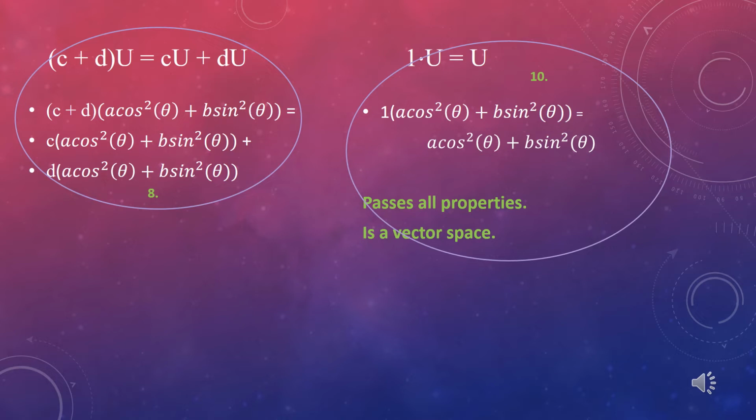And then there is also the existence of a multiplicative 1, a scalar 1, so that 1 times one of my forms equals the same form that it was. So multiplying by this scalar 1 does not change the value. So it passes all of the properties, and it thus is a vector space.